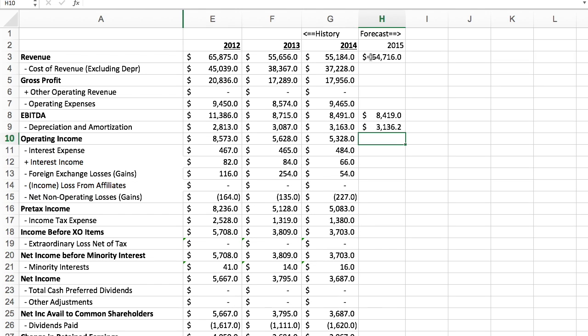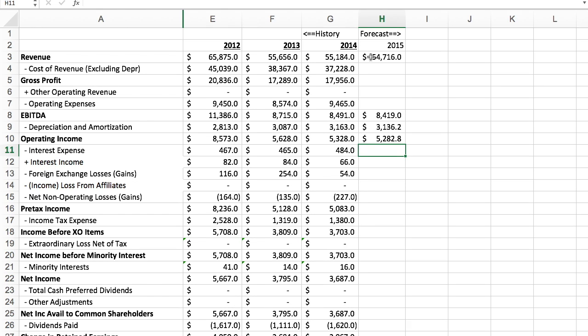Operating income, I'm solving for that, equals EBITDA minus the DA is my operating income, 5282.8. Okay? So very quickly, we've come up with a forecast for the operating profit, or EBIT, of CAT in 2015.